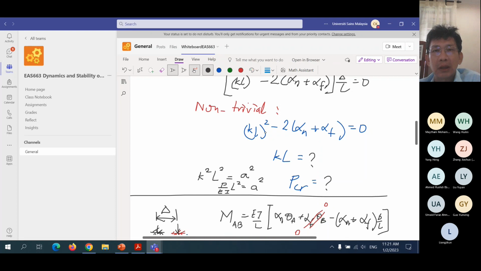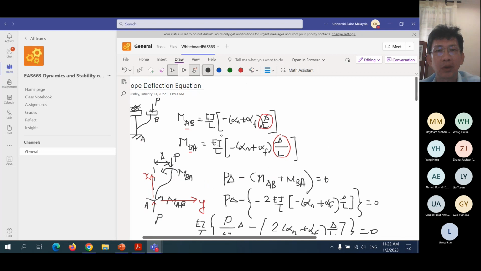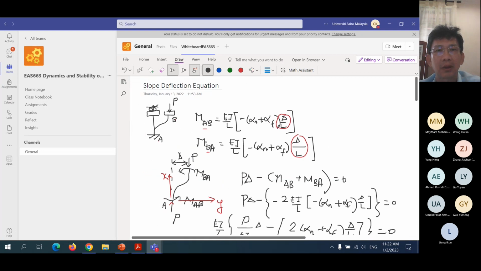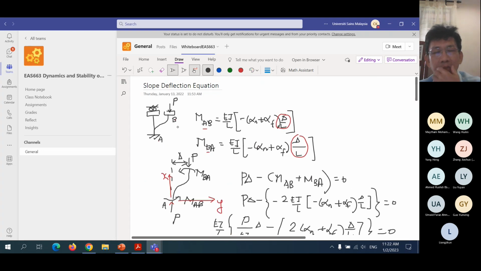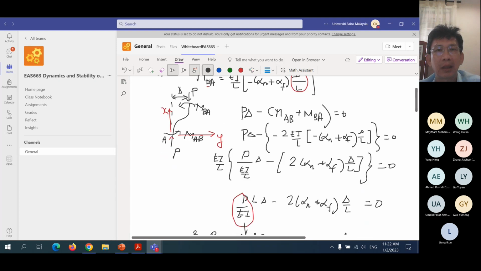Now, to solve this, remember alpha N and alpha F is quite a complicated function, so we need to make use of the trial and error method. Trial and error methods, okay? So we know the solution for this is the P critical, and the P critical is given by the effective length.